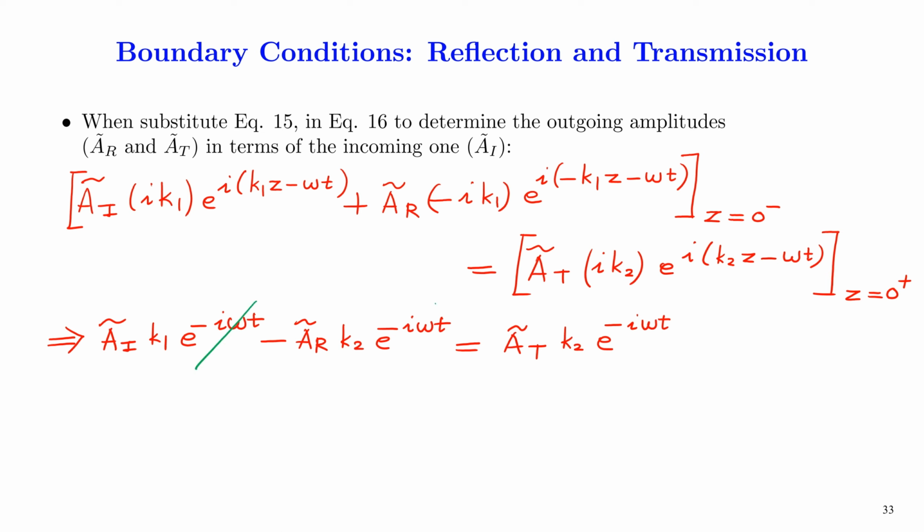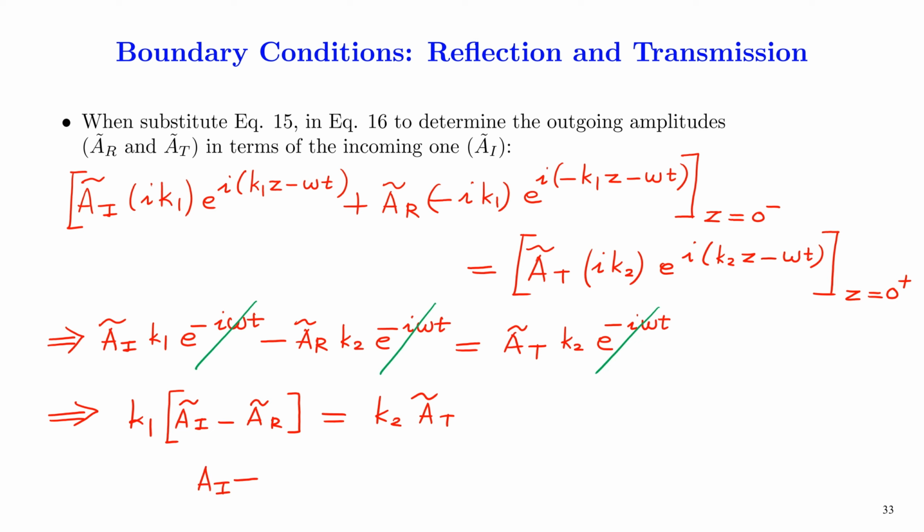All the e raised to i omega t gets cancelled, resulting in K1 (AI minus AR) equal to K2 AT. We also have this equation: the incident amplitude plus reflected amplitude equal to the transmitted amplitude.